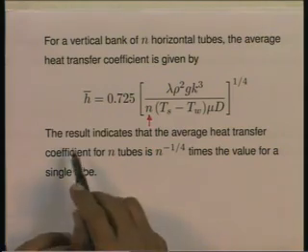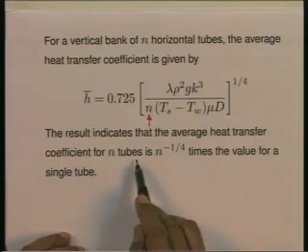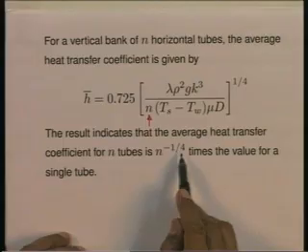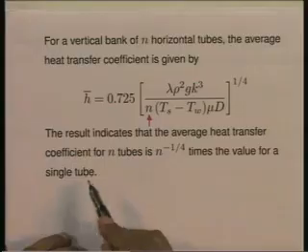So, the result indicates that the average heat transfer coefficient for n tubes is n to the minus 1/4 times the value for a single tube. That is what the result indicates. So, if you have a bank of n tubes, you get the value for a single tube, and then if you just multiply it by n to the power of minus 1 by 4, whatever n is, n may be a bank of 2 tubes, 3 tubes, 4 tubes, 5 tubes, then you will get the average value for all those number of tubes.